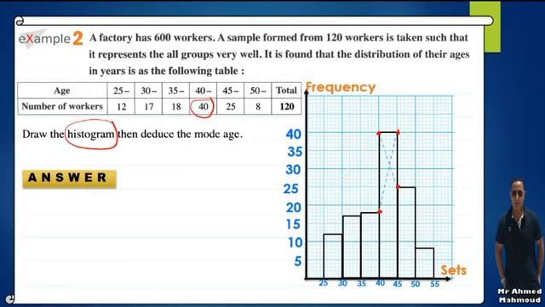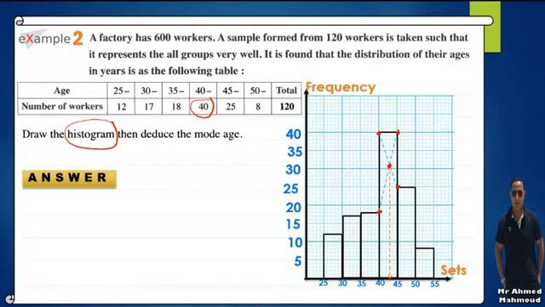Again, this point with this point, cross like this, this point with this point, cross like this. Now we have an intersection point here. From this point I'm going to draw a vertical line down like this.